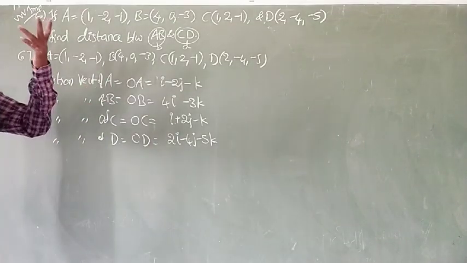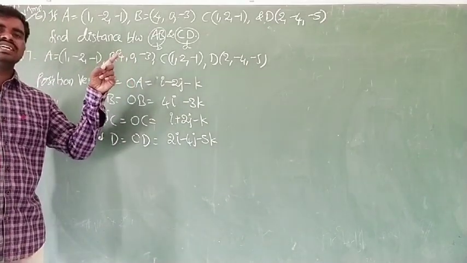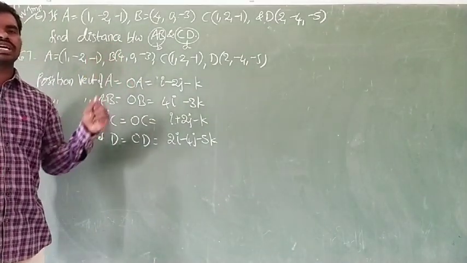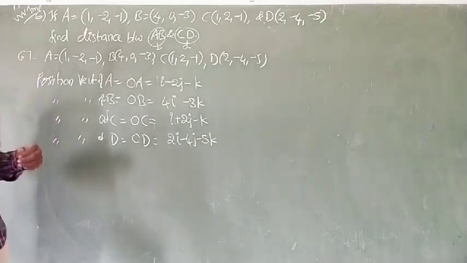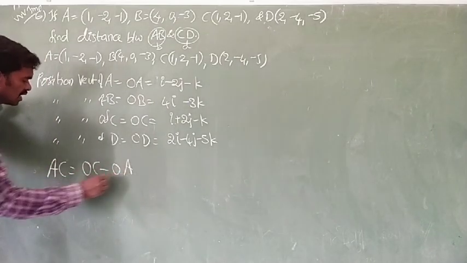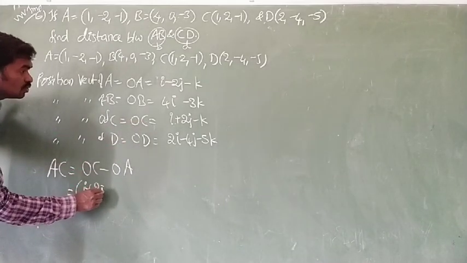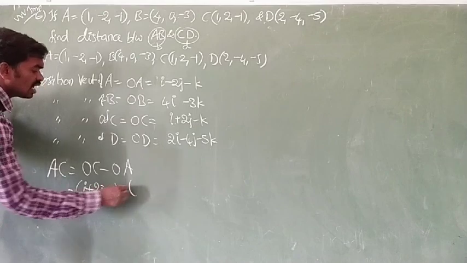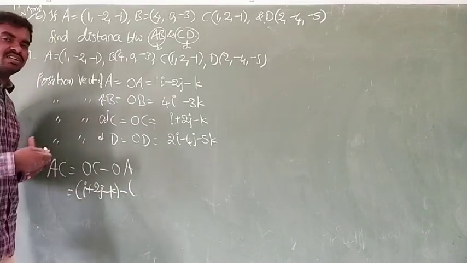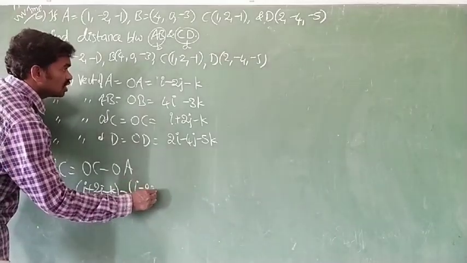What is the shortest distance formula? Modulus of the box product [AC, b, d] divided by mod of b cross d. Very good. In that, AC means OC minus OA. What is OC? Very simple, i plus 2j minus k. OA is i minus 2j minus k.